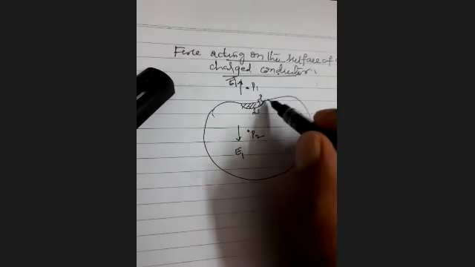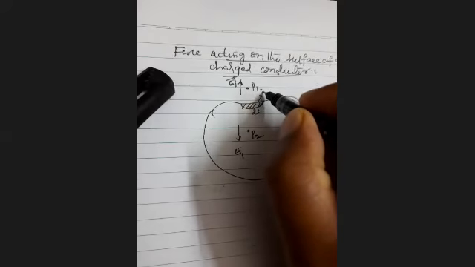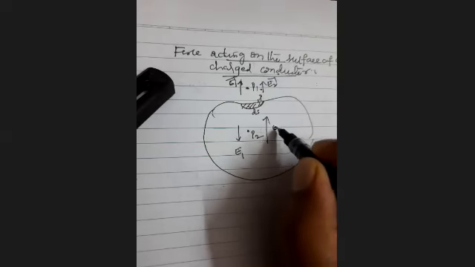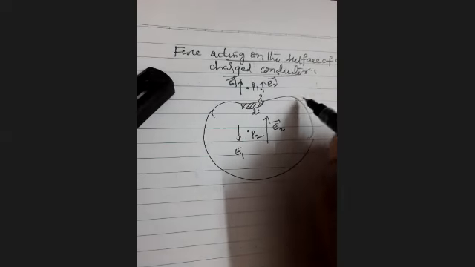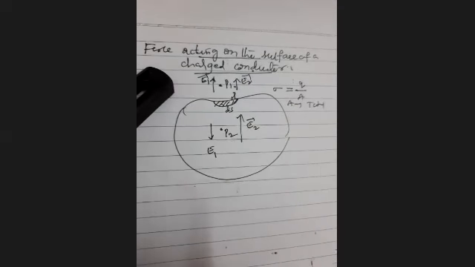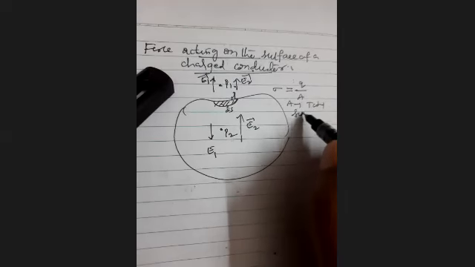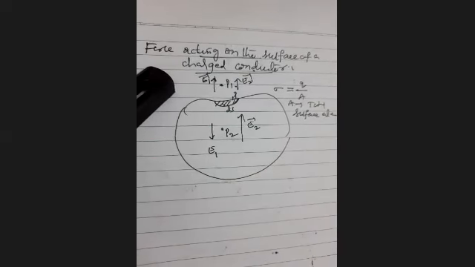But the field due to the remaining part of the conductor at this point, I am showing E2 bar, the direction is like this. Let us suppose the surface charge density of the conductor sigma equals q by A, where A is the total surface area of the conductor, and q is the charge distributed on the conductor.